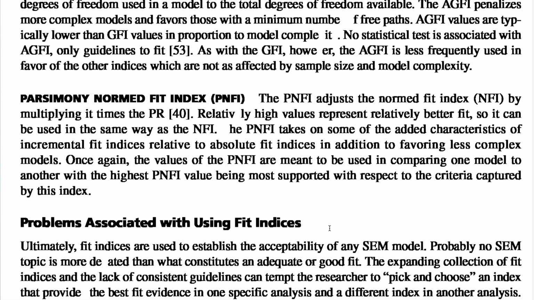The PNFI takes on some of the added characteristics of the incremental fit indices relative to absolute fit indices, in addition to favoring less complex models. Once again, the values of the PNFI are meant to be used in comparing one model to another, with the higher PNFI value being most supported, reflecting the criteria captured by this index.